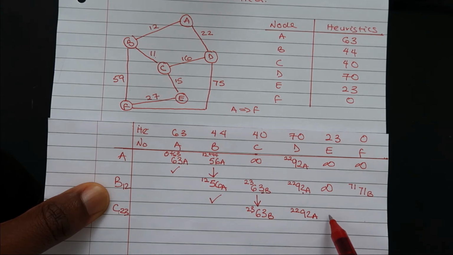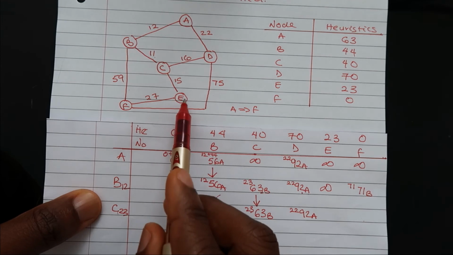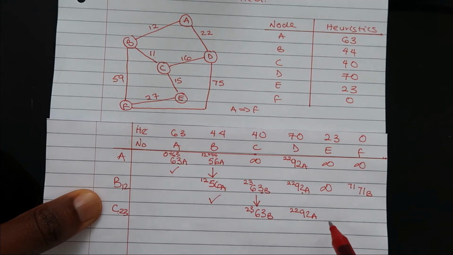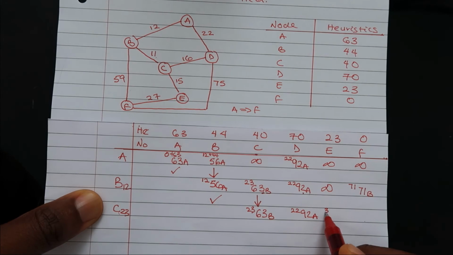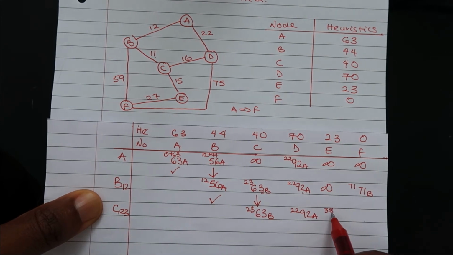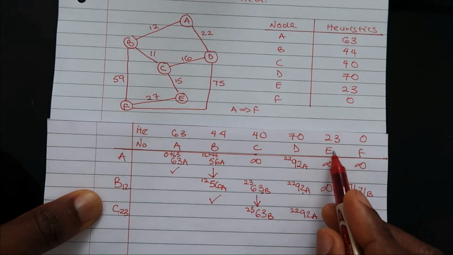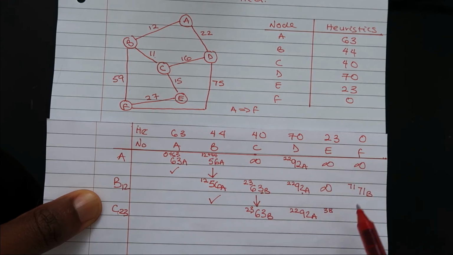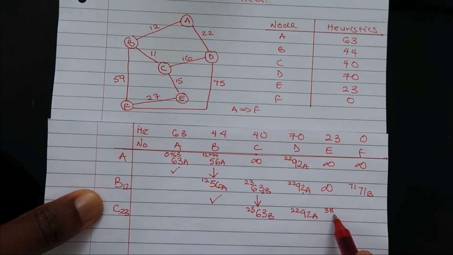Now C to E is 15. 15 plus 23 here will give me 38. So I'll write down the 38 there. Now 38 plus 23 gives me 61.